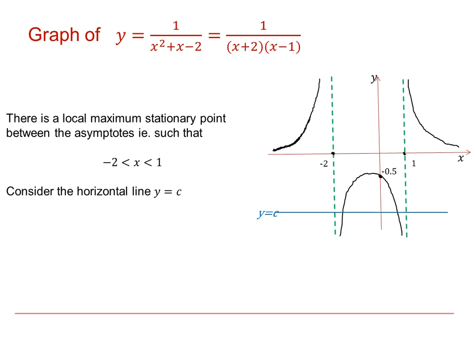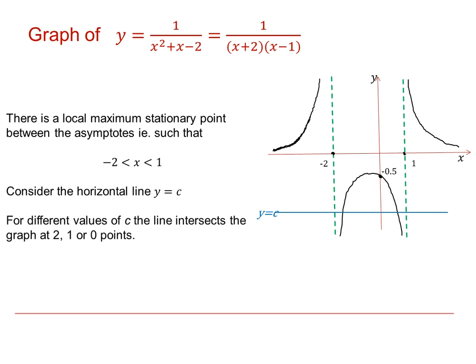However, if I was to move the line, then it could cross at 2 or even no intersections at all. If you see the line moving up there, at the present position it's got no intersections.